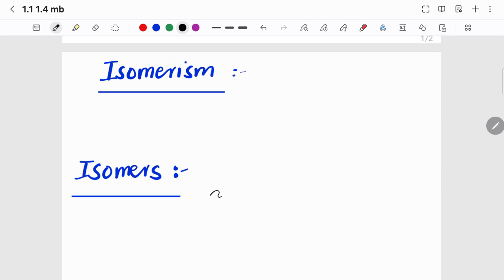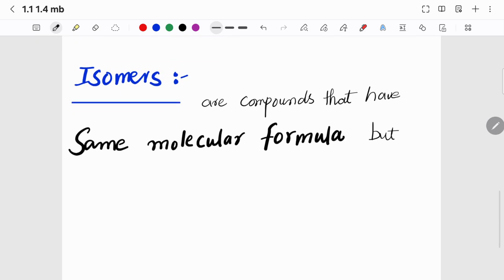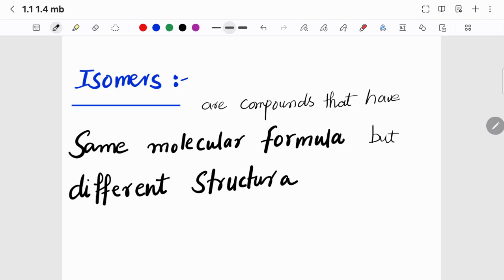Isomers are compounds that have the same molecular formula but different structural formula.